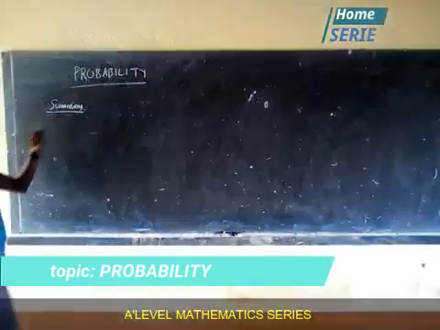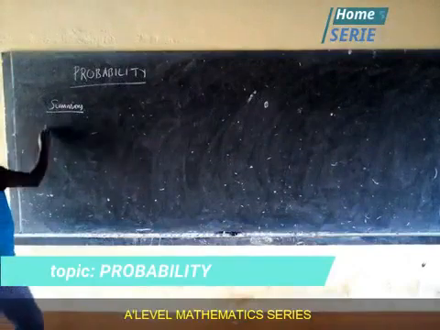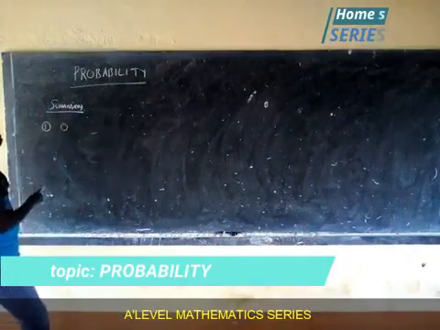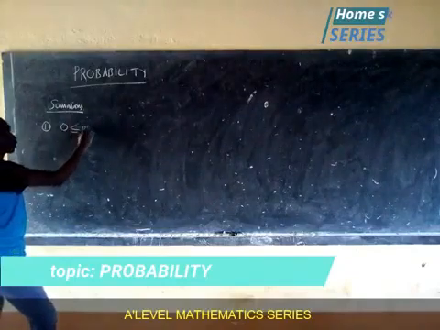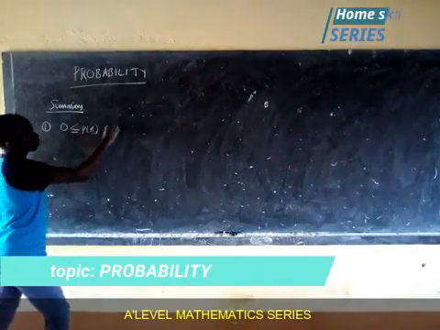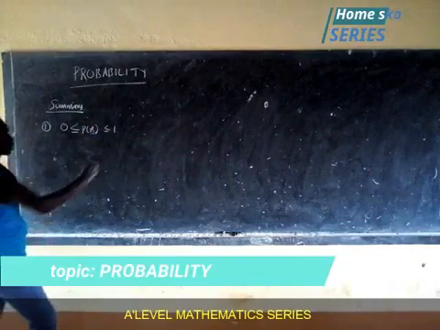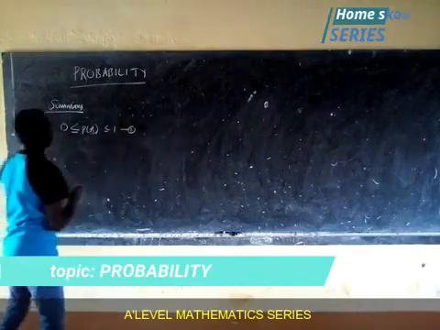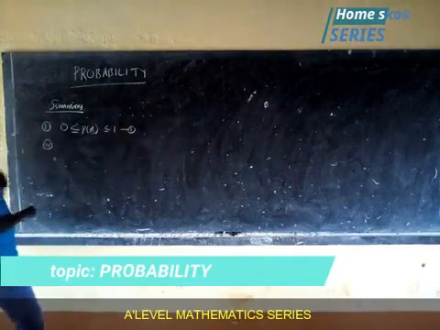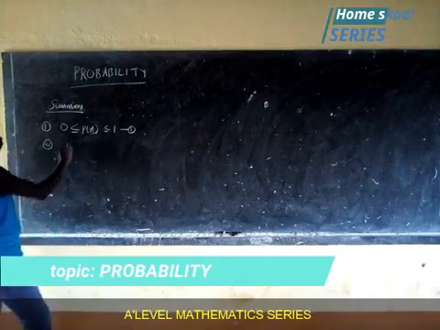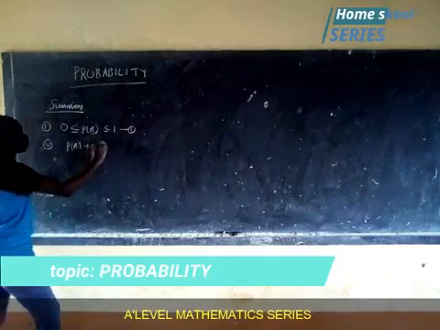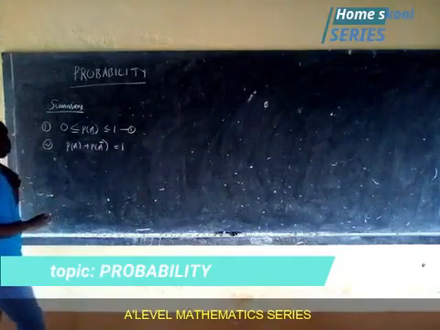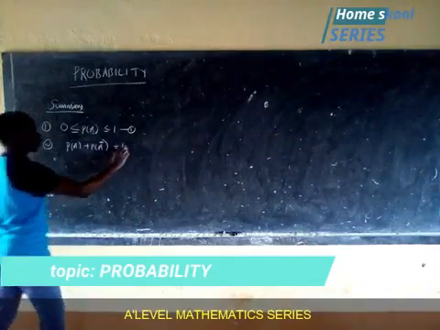In summary, we said at the beginning, number one, that for an event A, 0 is less than or equal to probability of A less than or equal to 1, as our first law of probability. Then we saw that for event A still, the probability of A plus probability of A complement gives us 1. That is our second one.